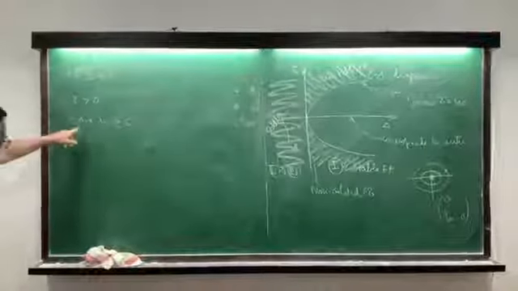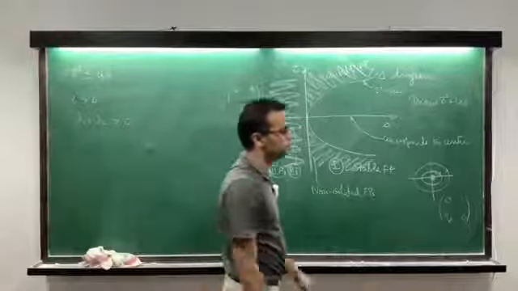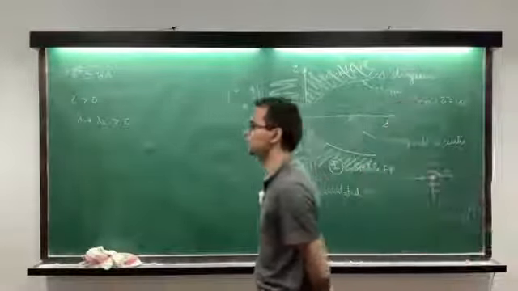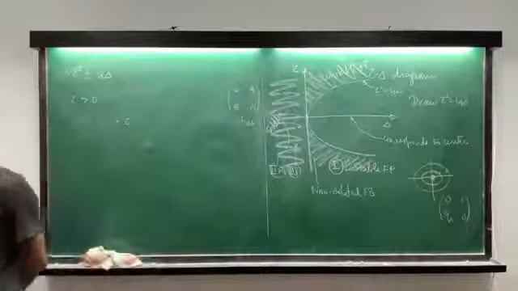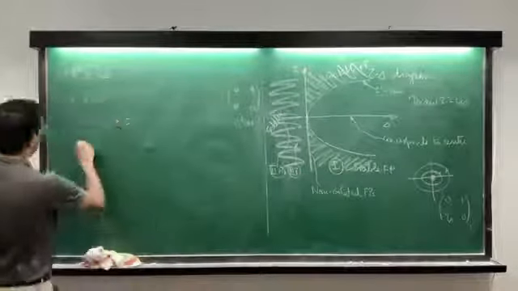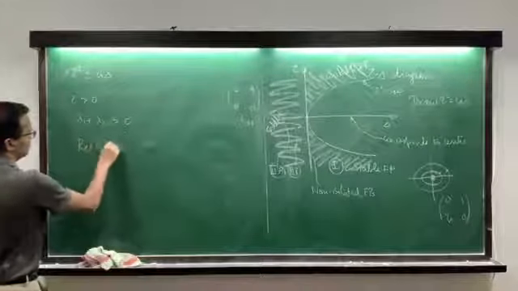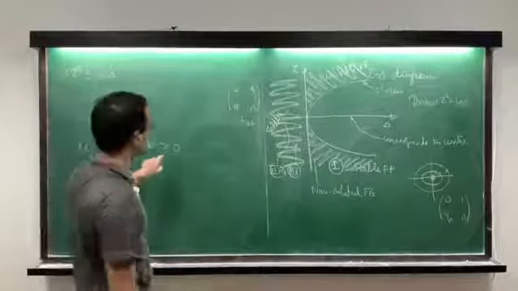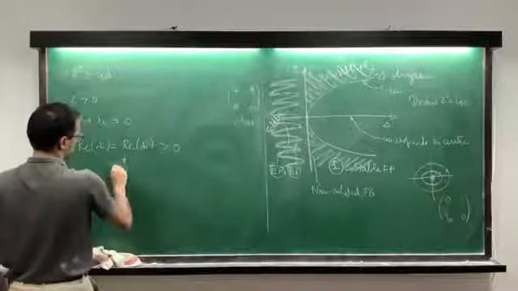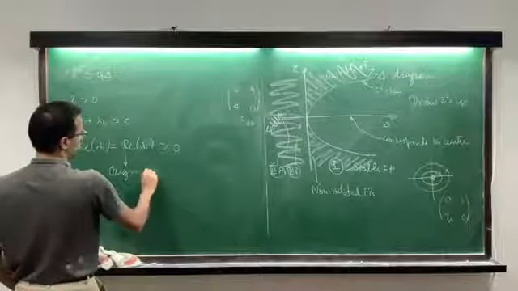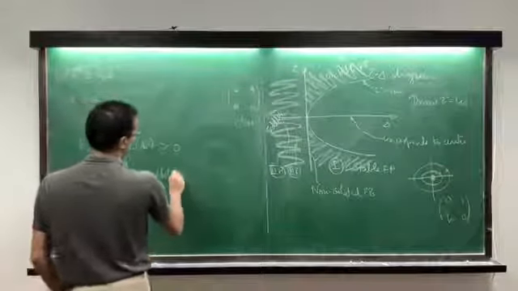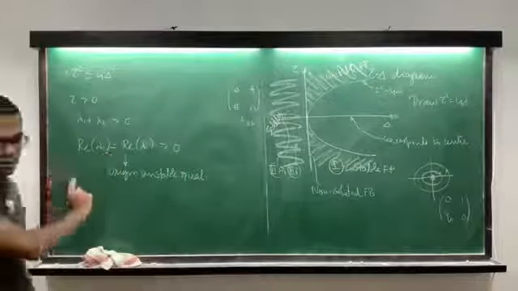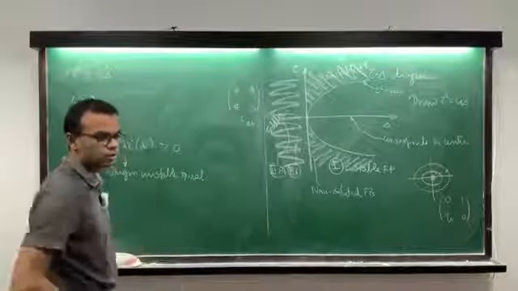So the real parts of lambda 1 and lambda 2 are both positive, because the sum of the two is 2 times the real part of lambda 1, and so this is also positive. If the real part of lambda 1 is the real part of lambda 2 and they are both greater than 0, that means that the origin is an unstable spiral.